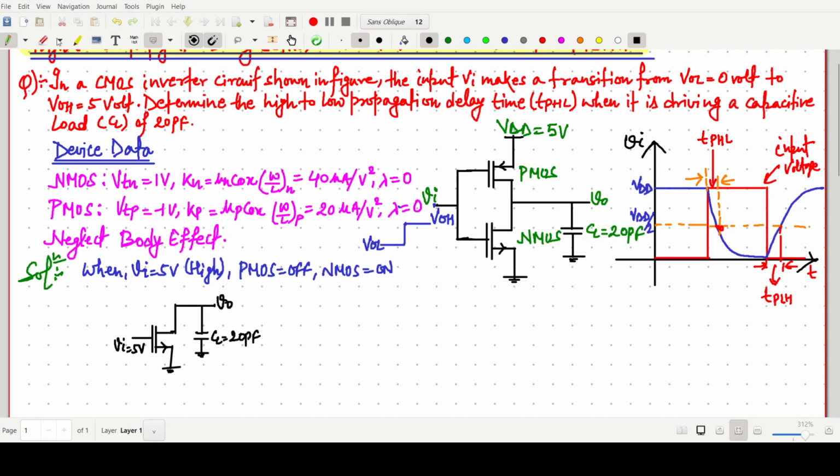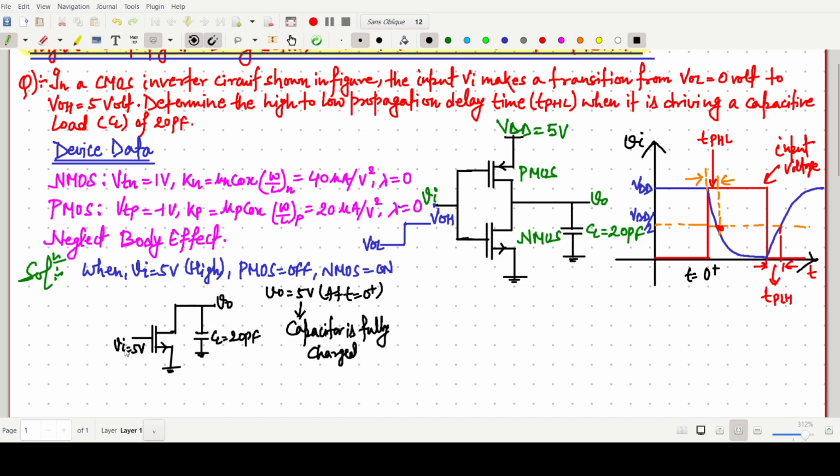Okay, so during that time when the input is high, the V0 value will be 5 volt initially at, say, time t equals to 0 plus. At time t equals to 0 plus, the capacitor is fully charged.